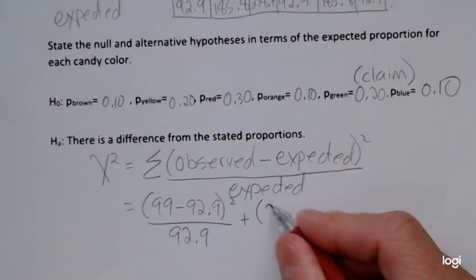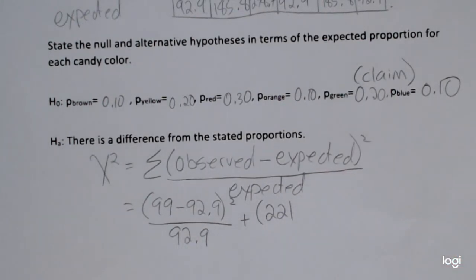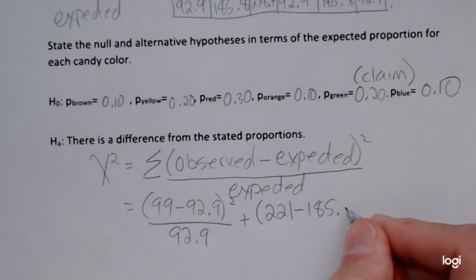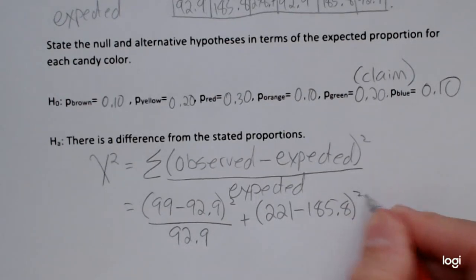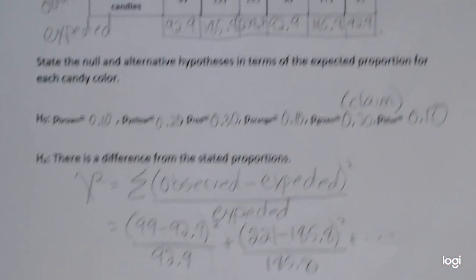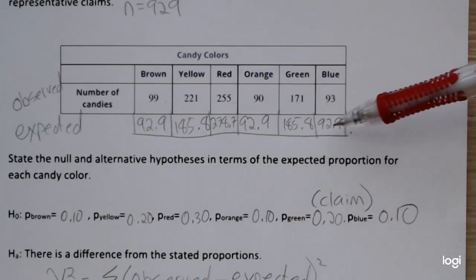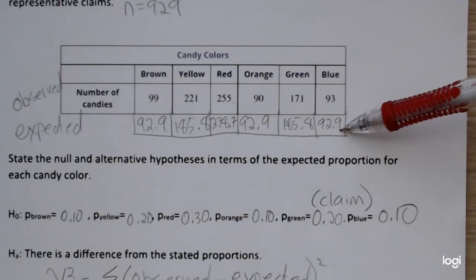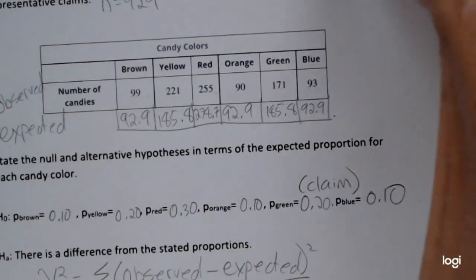The observed was 221 yellow M&Ms minus the expected. We expected 85.8. We square that difference and then divide by the expected for that category, and so on. So you want to do that for each color, observed minus the expected squared, divide by the expected, and then add them all up at the end.